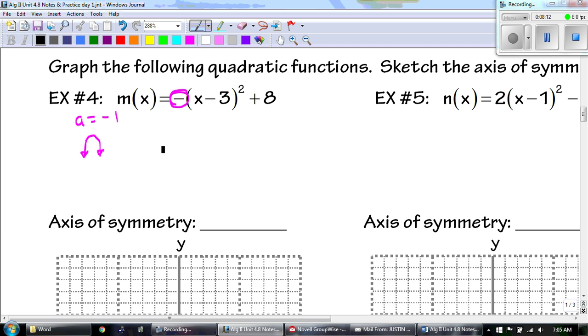My vertex, what is it? I take the opposite of negative 3, so it's a positive 3, and then my 8 stays the same. My axis of symmetry is x equals 3.